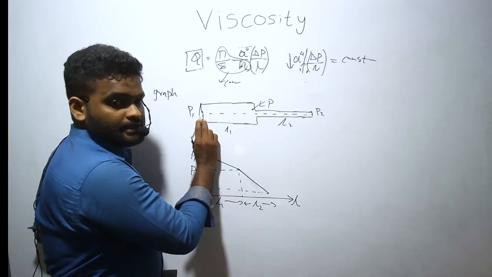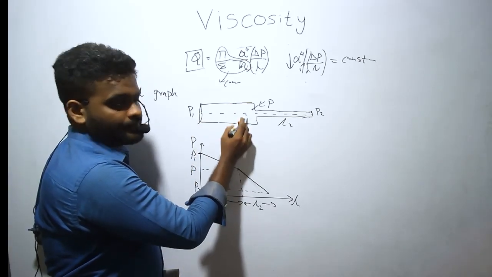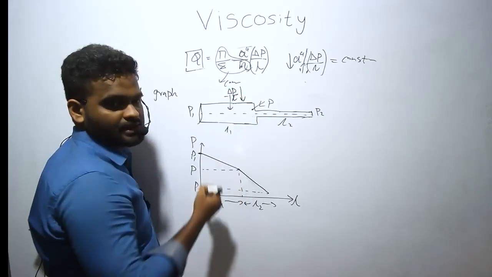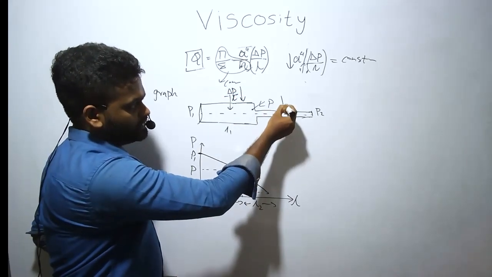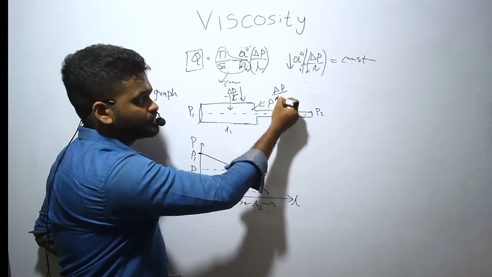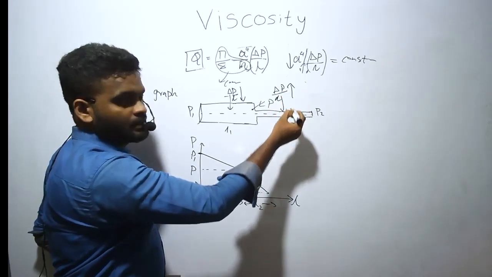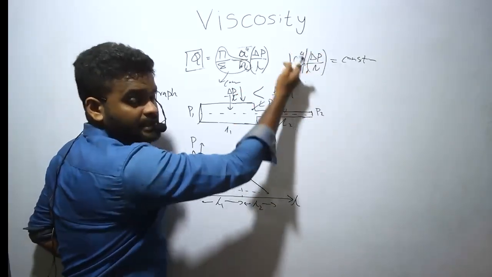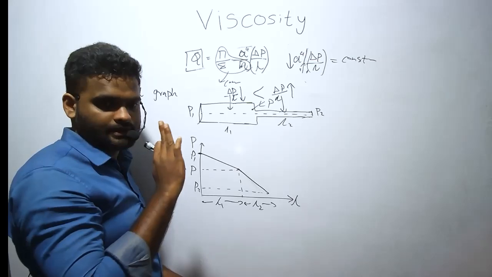So here, this has a larger radius, meaning pressure gradient should be less. For this one, radius is small, pressure gradient should be large. Why? In order to keep this quantity a constant. Understood?